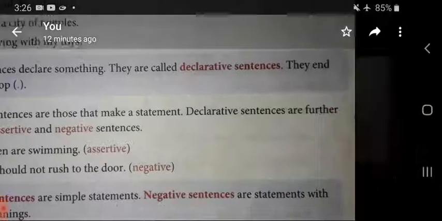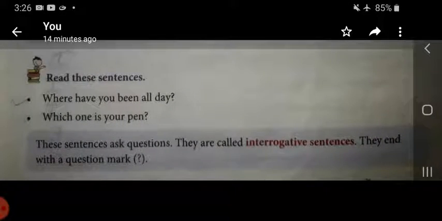What do you mean by interrogative sentences? These sentences ask questions, so they are called interrogative sentences. They end with a question mark. These sentences ask questions, so they are called interrogative, and they end with a question mark.